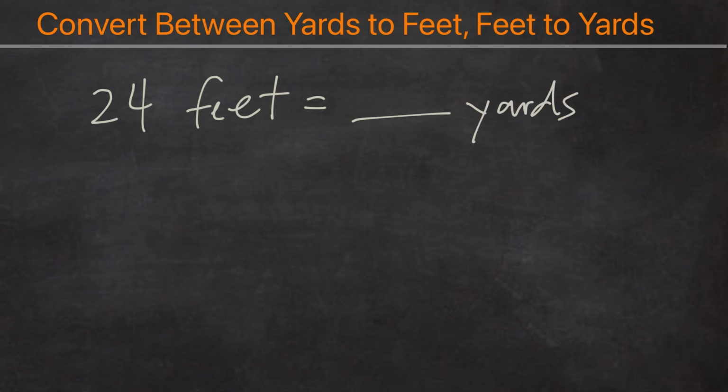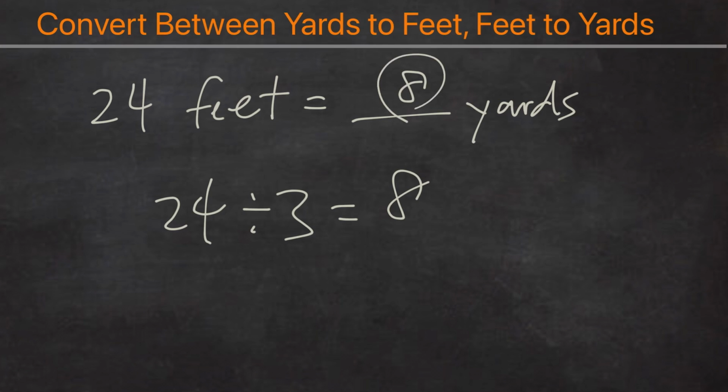Okay, I'm back. Now hopefully you've chosen divide by 3, and that's 24 divided by 3. So you should have 8 as the answer, is 8 yards. Hopefully you got both of the questions correct, and if you did, you've aced the quiz.